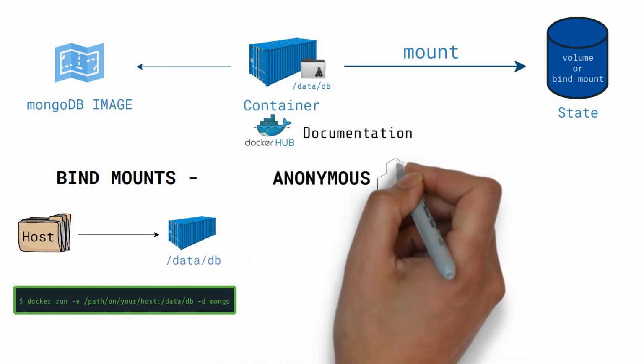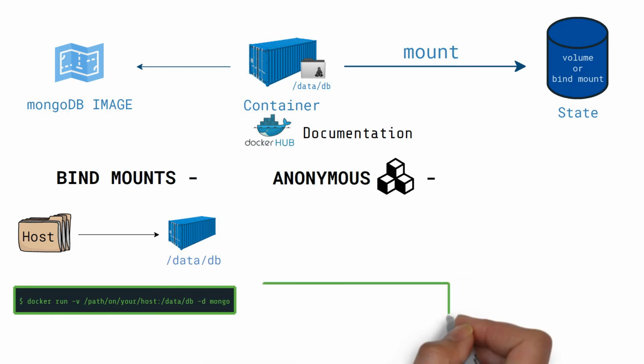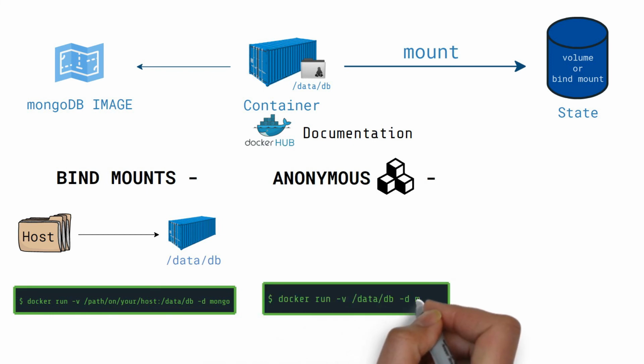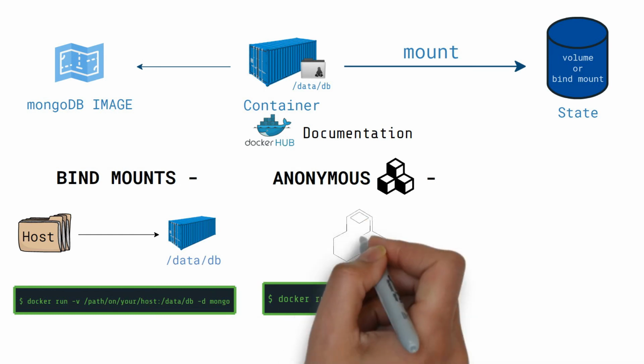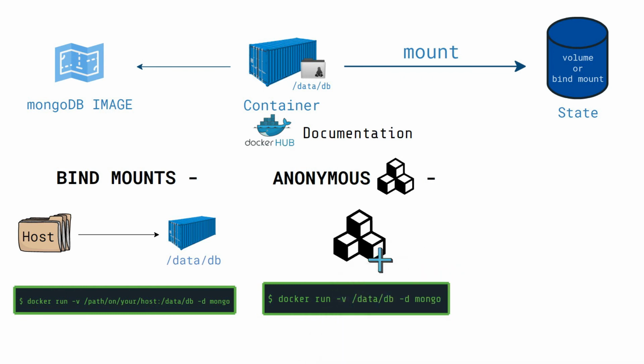Using anonymous volumes is pretty simple. You don't need to specify anything other than the container's mount file or directory. And Docker automatically creates a new volume with a random name the first time you run it.